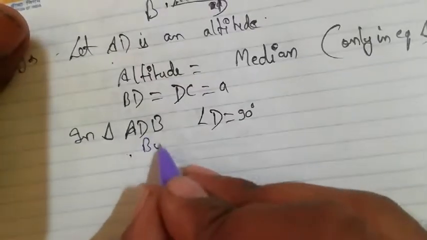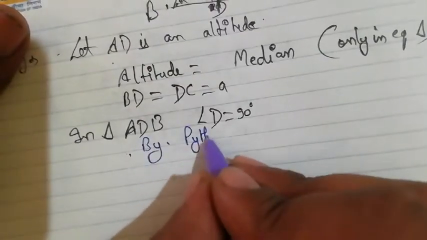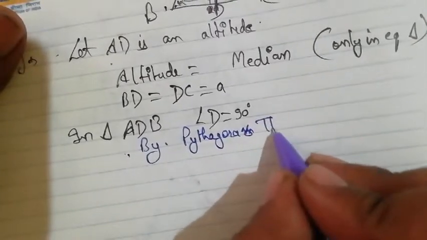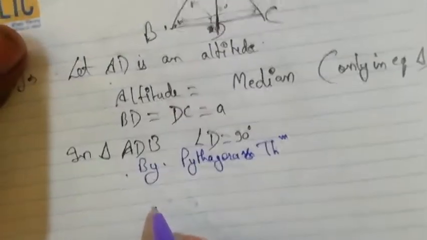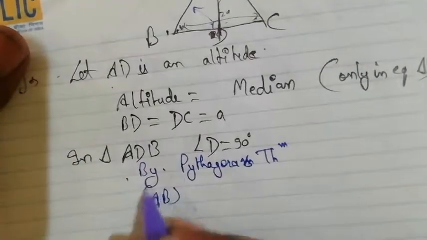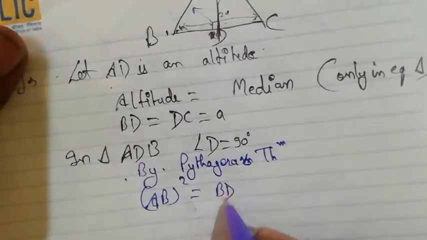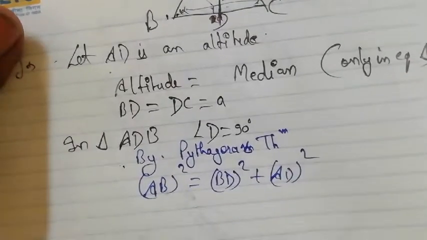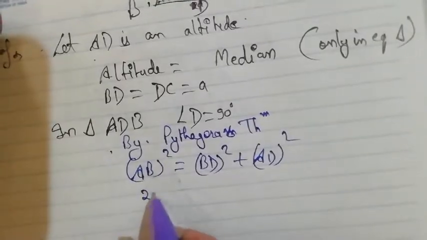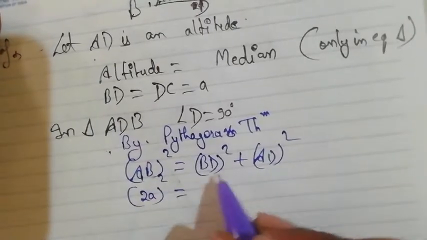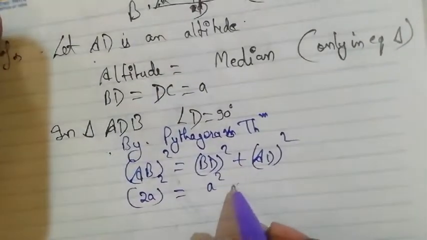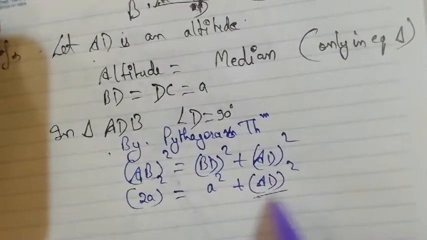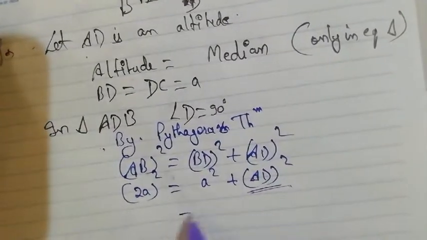So by Pythagoras theorem, we can say that AB square is equal to BD square plus AD square. AB is nothing but 2A, so 2A whole square is equal to BD is A, so A square plus AD square, which is the altitude. Now we have to find the value of the altitude.